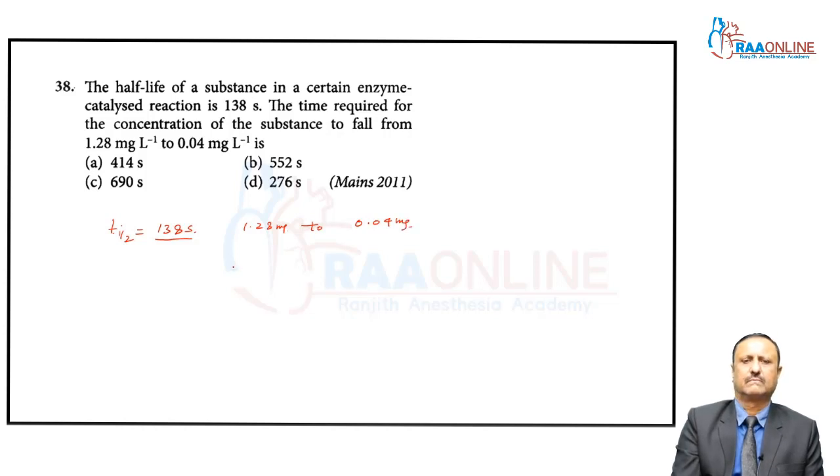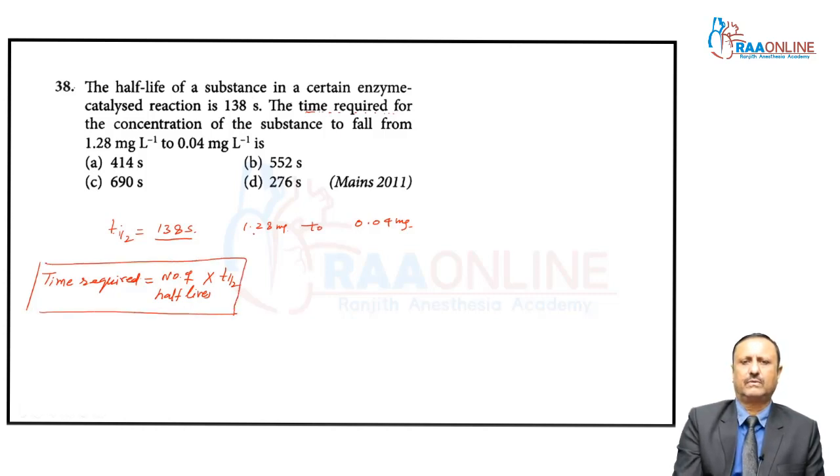My dear students, our formula is: time required equals number of half-lives into T half, because in this question he wants the time required. You can calculate it by this formula.